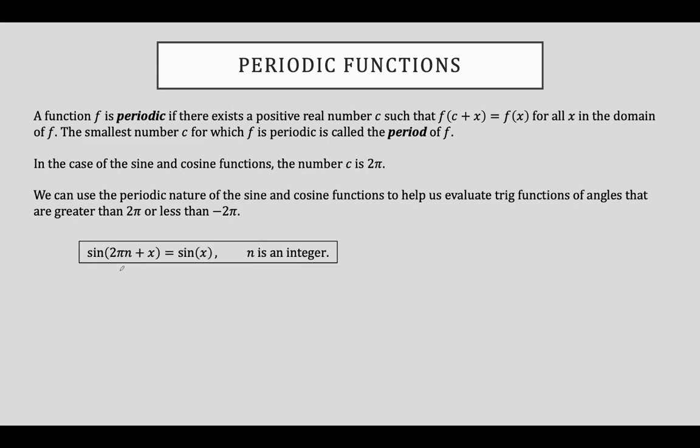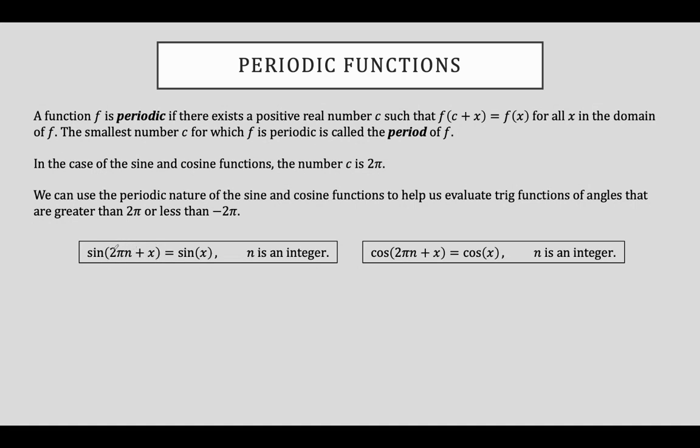The sine of 2 pi n plus x is equal to the sine of x when n is an integer, and the cosine of 2 pi n plus x is equal to the cosine of x where n is an integer. So what is this saying? Well, 2 pi n, any multiple of 2 pi where n is an integer, is going to result in complete revolutions, right? So this is how many complete revolutions are we doing, plus whatever else we are tacking on.